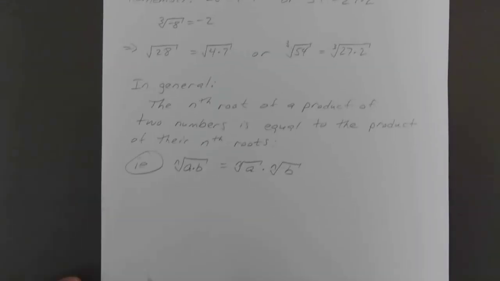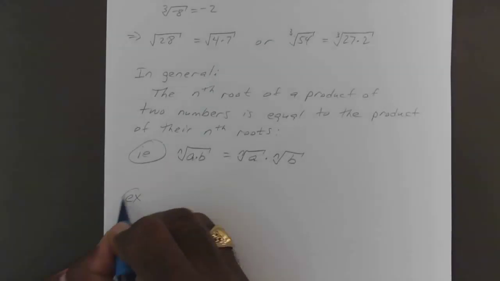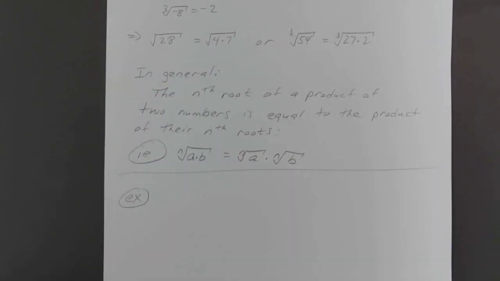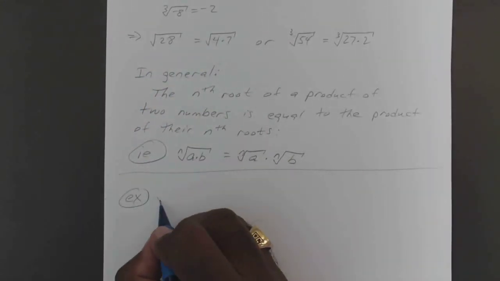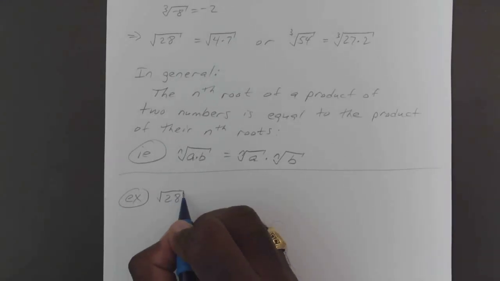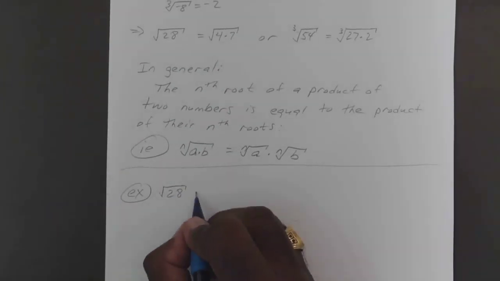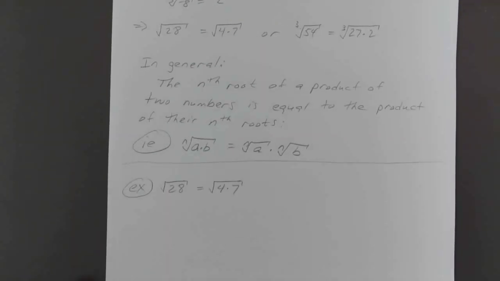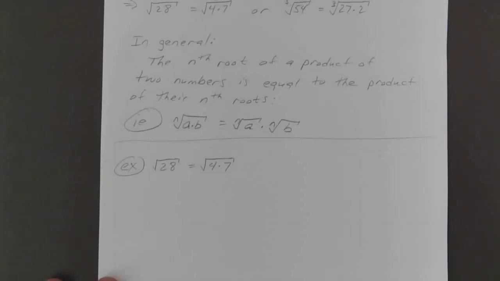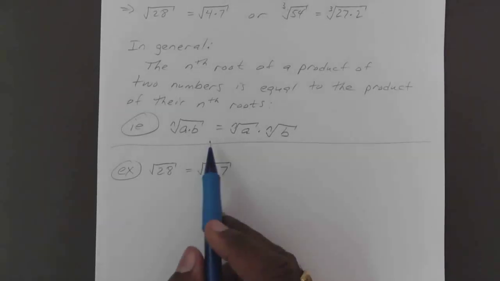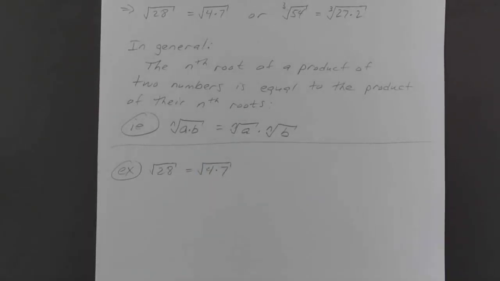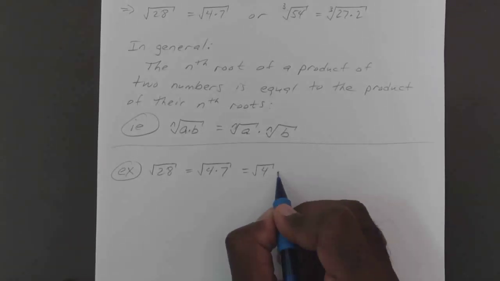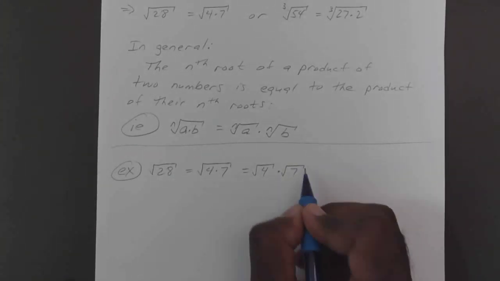Okay. So for example, our square root of 28. We know that's square root of 4 times 7. Okay. By this rule here, we can actually separate those. So it'll be square root of 4 times square root of 7.